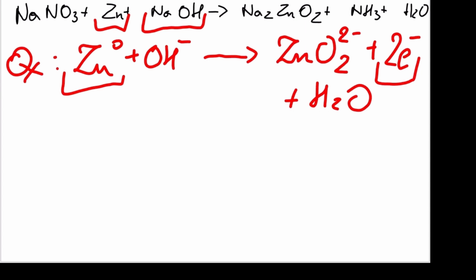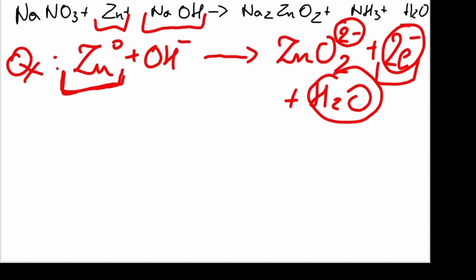charge. On the right side, what would be the charge? Okay, on the right side, -2 plus -2 gives us -4, plus 0 gives us -4.